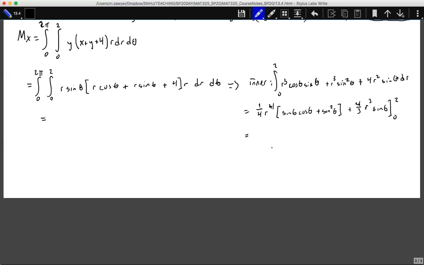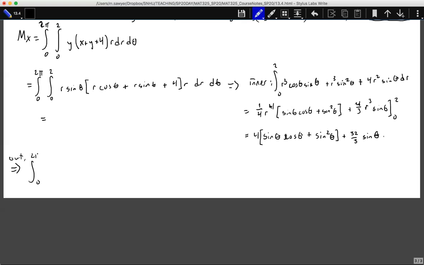So our inner function becomes, after some manipulation, 4 times the quantity sine theta cosine theta plus sine squared theta, plus 32/3 sine theta.